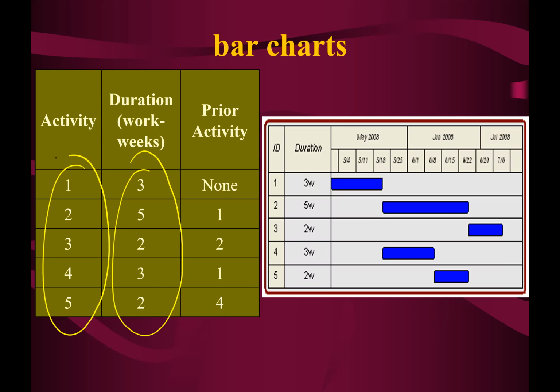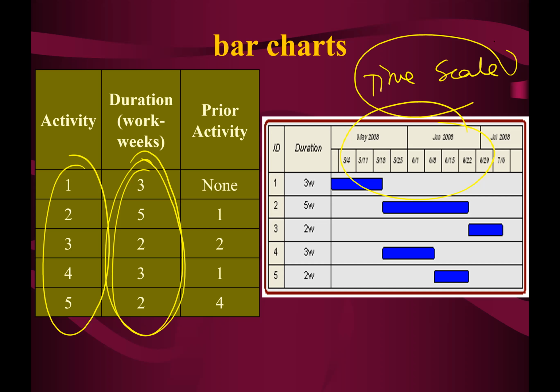You put a proper name, but for simplicity purposes, we just put 1, 2, 3, or A, B, C, D, whatever, and then you calculate the duration, and that duration will be reflected in the length of the bar. This is what we call time scale. We can always change that time scale according to what you want.